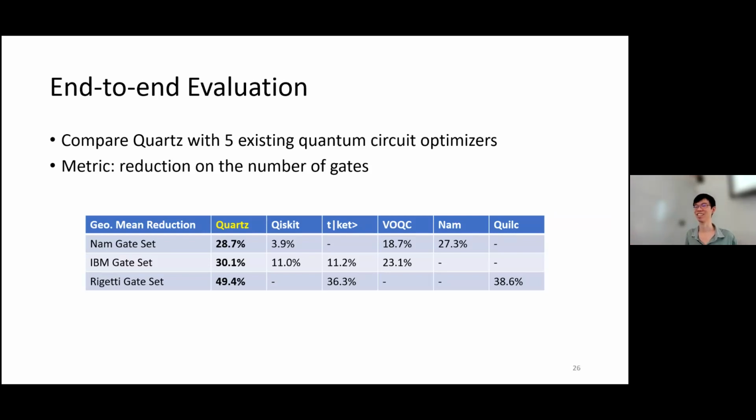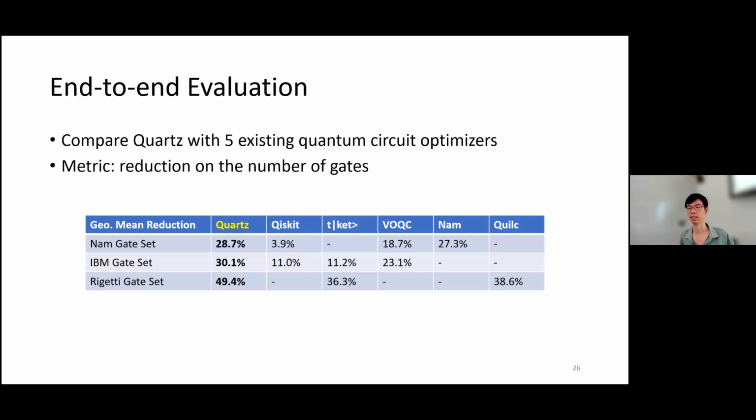Okay, so in the end-to-end evaluation, we compare Quartz with 5 existing quantum circuit optimizers, and the metric is the reduction in the number of gates. So it's the geometric mean on a benchmark of 26 circuits, and the dashes in this table mean that either that circuit optimizer doesn't support this gate set, or it behaves very badly, and we think it's not necessary to run it.